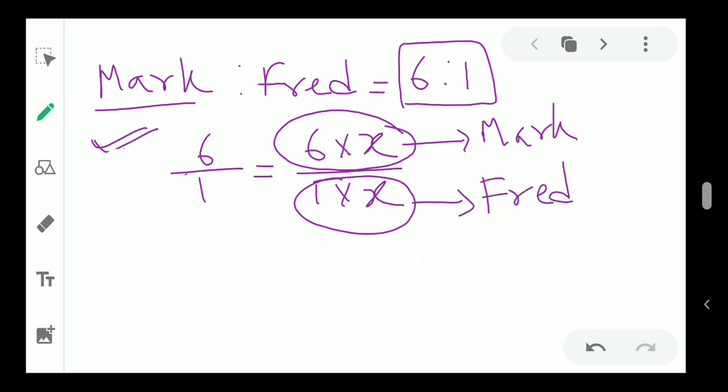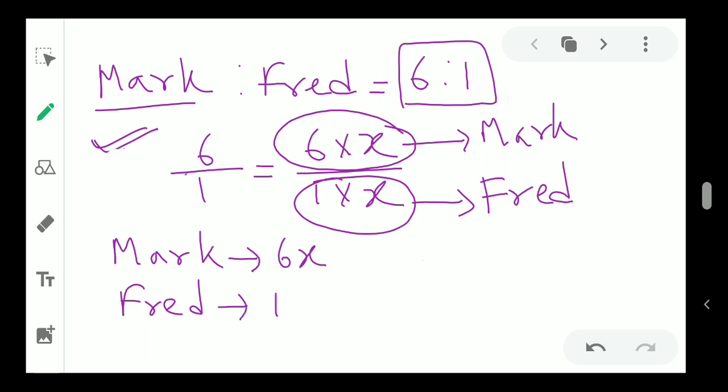So I can imagine that Mark actually was having 6x money and Fred actually was having 1x, that is my x money. Fine, okay.